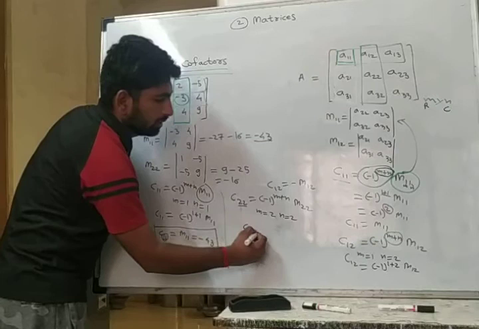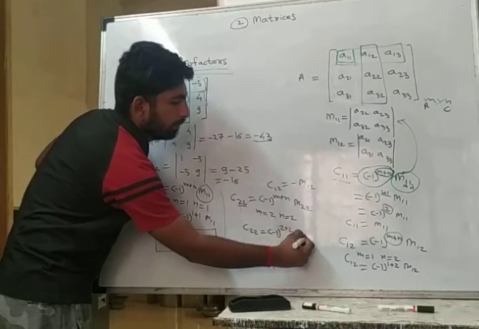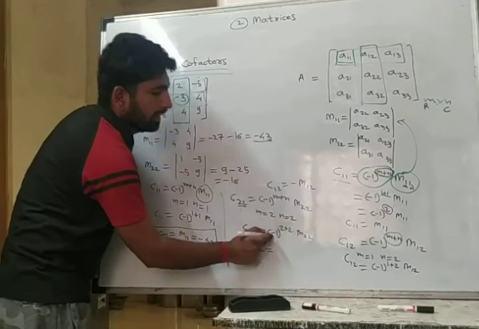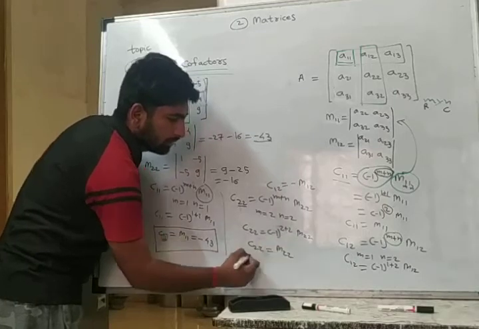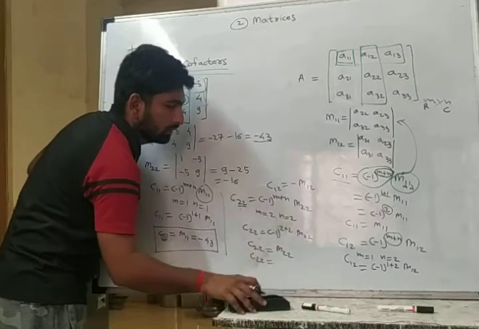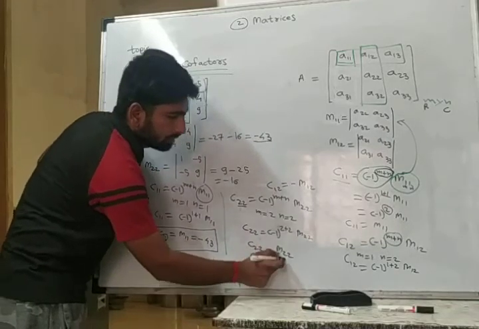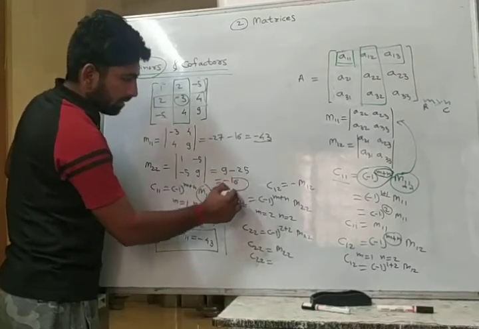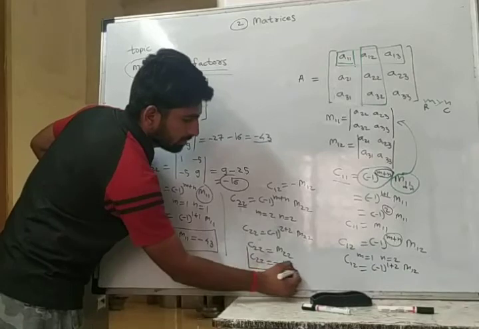Therefore minus 1 raised to 2 plus 2, M22. Then C22 is minus 1 raised to 4, that is 1. The cofactor of the second position is the minor of the second position. The value is -16.